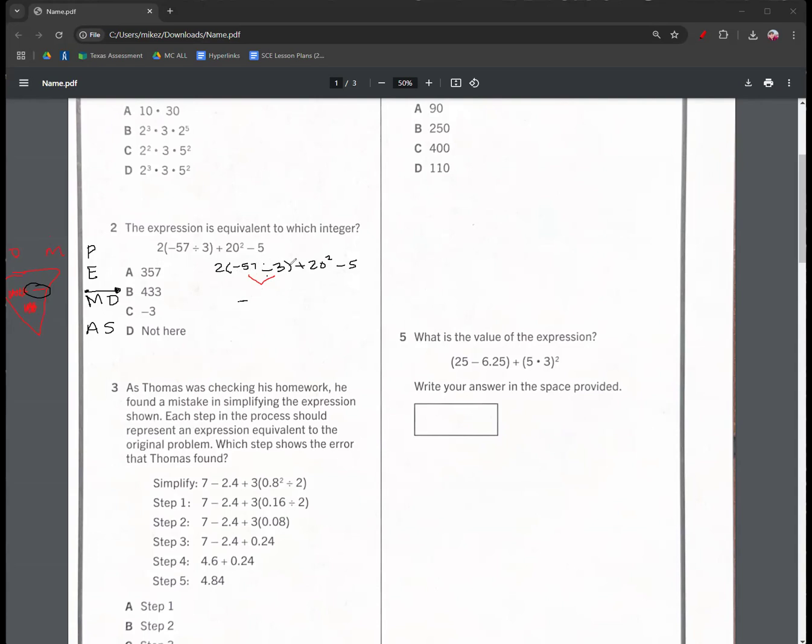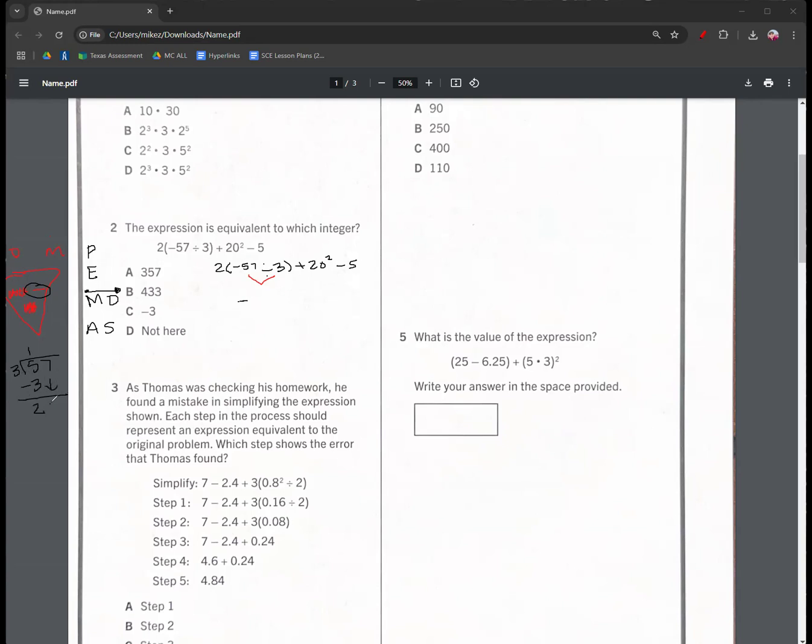Now we have 57 divided by 3. I'm going to write it over here on the side. If you want to write it over here on the side, grab, like I said, another sheet of paper, fit it right here. But it is 57 divided by 3. 3 goes into 5 one time, minus 3, because 1 times 3 is 3. 5 minus 3 is 2.